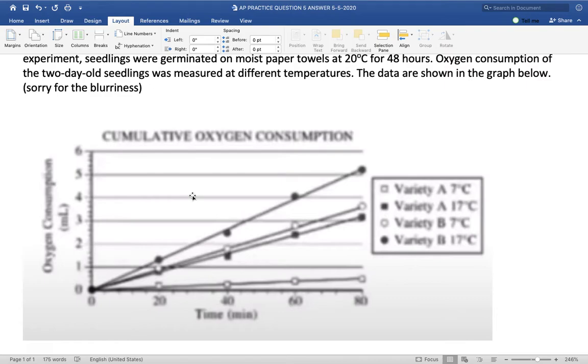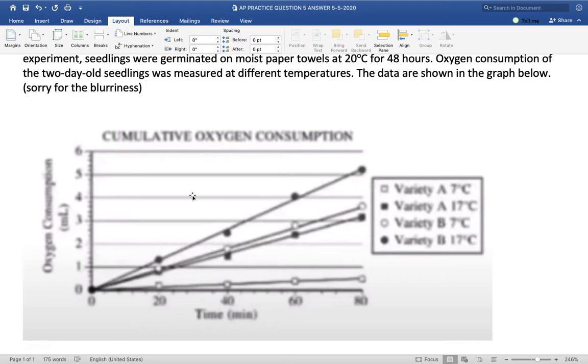Just before we even look at the question, we can recognize when we compare the lower temps to the higher temps, in both varieties, the higher temps consume more oxygen, which means at higher temps, cellular respiration is proceeding at a faster rate than at the lower temps.